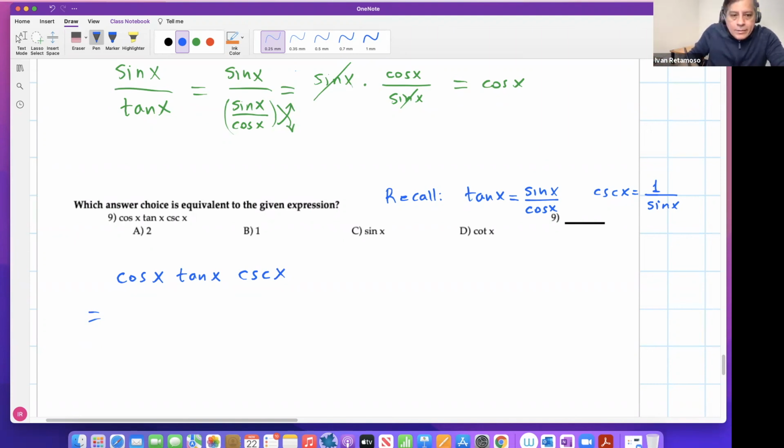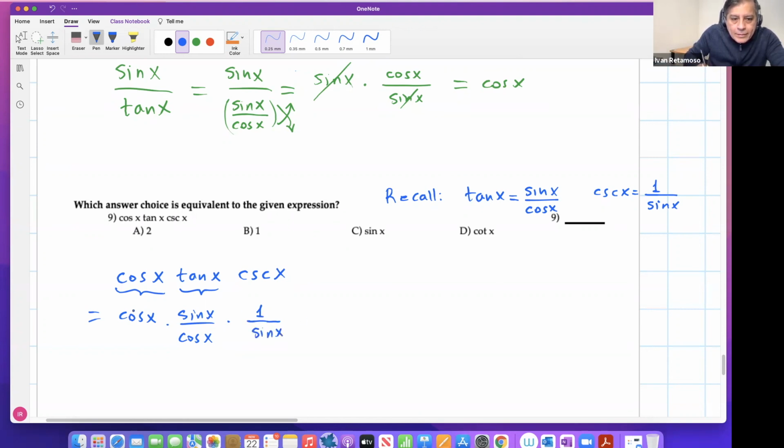Okay, guys, let's do it together. Here, cosine of x, tangent using the quotient identity, sine of x over cosine of x, and cosecant using the reciprocal identity, one of the reciprocal identities, 1 over sine, right?